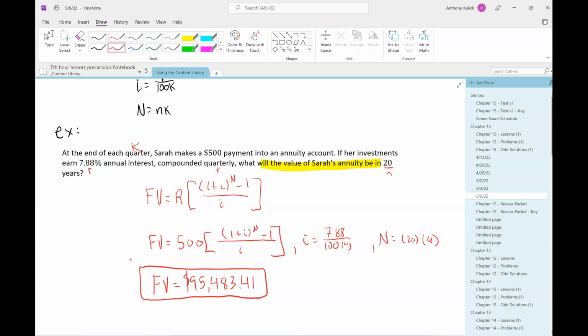Is it possible that you make a payment in a time frame different than what the interest is compounded? Yeah. You have to deal with it a little bit differently, and it's beyond the scope of what we're going to do here. In a loan situation, it's a little bit more clear, because usually the loan companies do different things. It really depends on the investment, like their rules on how things are going to work.